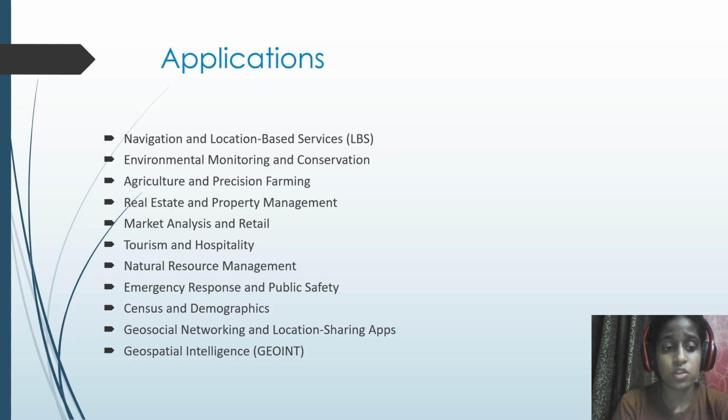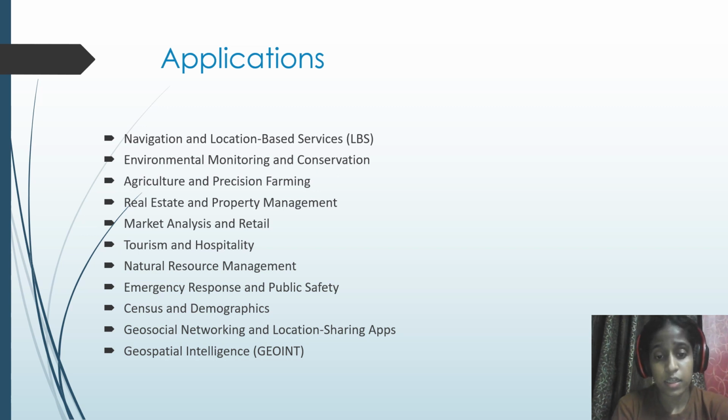It relies on locating incidents, coordinating responses, and managing resources during a crisis. It also helps to navigate to accident and disaster sites. GIR plays an important role in census and demographics. Government uses GIR for conducting the census and geographic demographic studies.